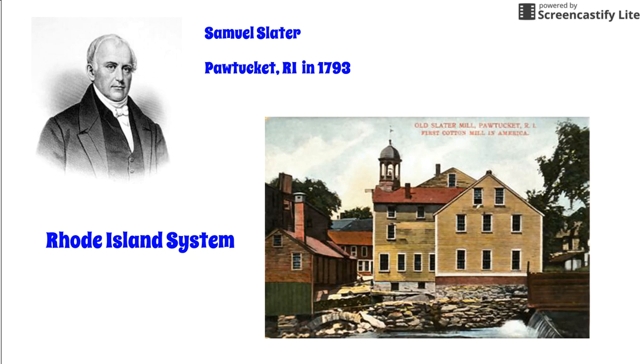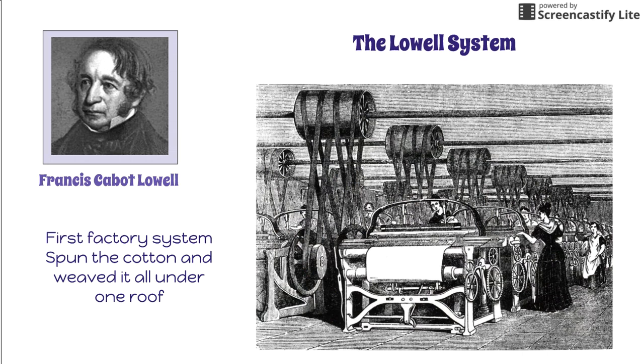And that was the real start of industrialization in the North, and we began to see this idea spring up in other places. Besides Samuel Slater, there was another innovator, Francis Cabot Lowell, who created another type of factory system. However, instead of just spinning the cotton and weaving it into yarn, it actually then took that yarn and created the actual cloth itself.